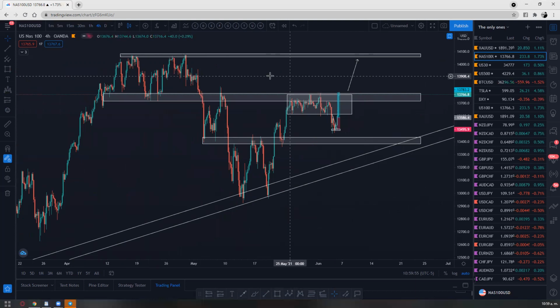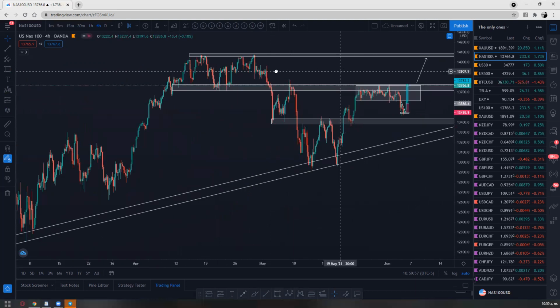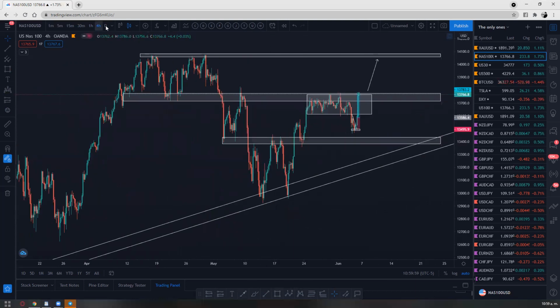So I usually go 4 hours or 1 day, a daily time frame. But 4 hours for me is enough, at least on the Nasdaq and US 30 or US 500. It's pretty much enough to me.